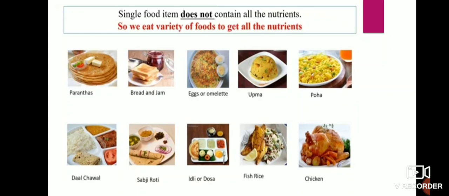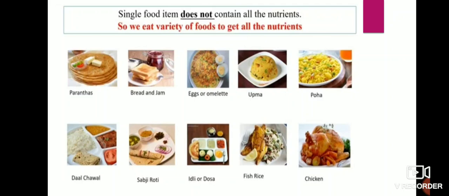With some simple methods, we can test whether cooked food or a raw ingredient contains one or more of these nutrients. The tests for presence of carbohydrates, proteins and fats are simpler to do as compared to the tests for other nutrients.